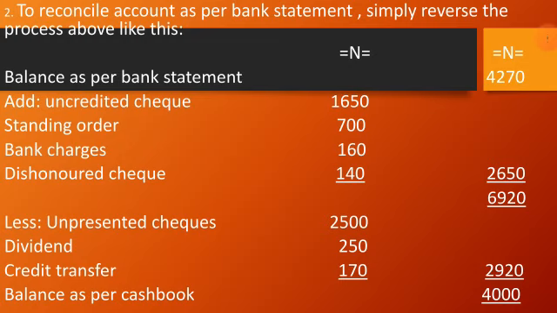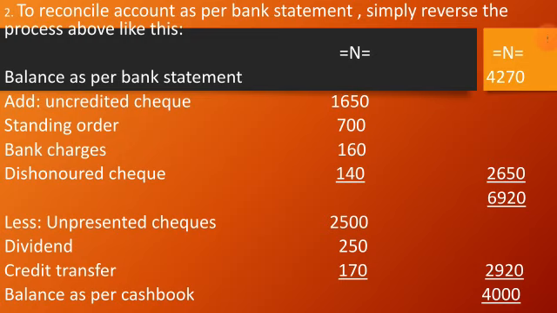That is why we are starting with it now. Whatever you did in the first reconciliation, you are reversing it. Whatever we added then, you are subtracting it now, and whatever we subtracted, we are adding it now. That is just the difference when you are doing your bank reconciliation statement as per balance as per bank statement.